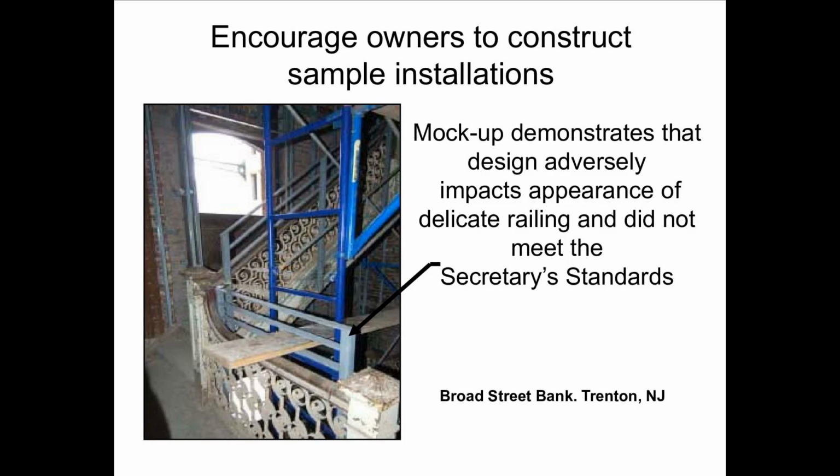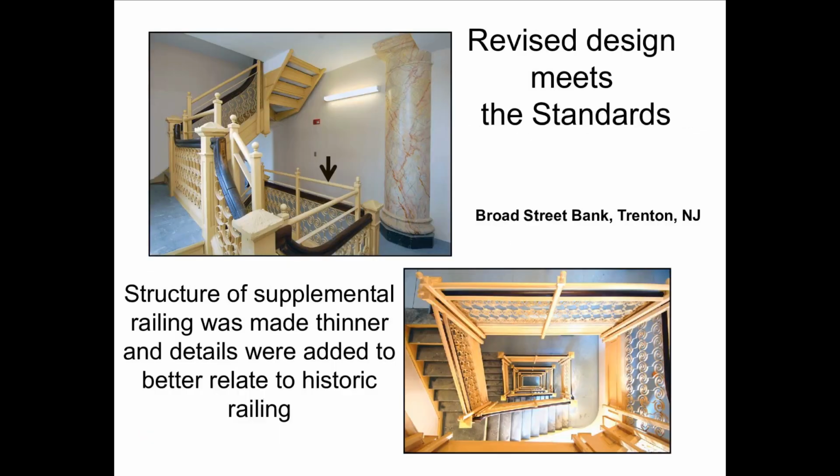Encourage owners to construct sample installations. This mock-up demonstrates that the design adversely impacts the appearance of the delicate railing and did not meet the Secretary's standards. So a revised design was done to meet the standards.